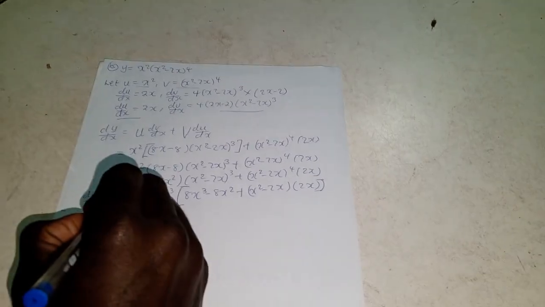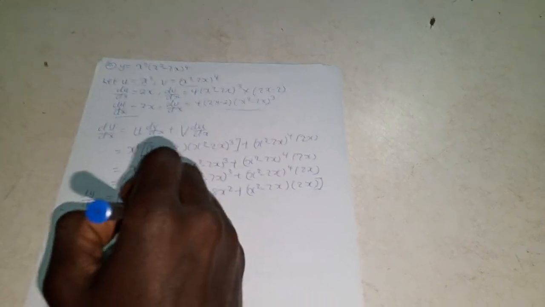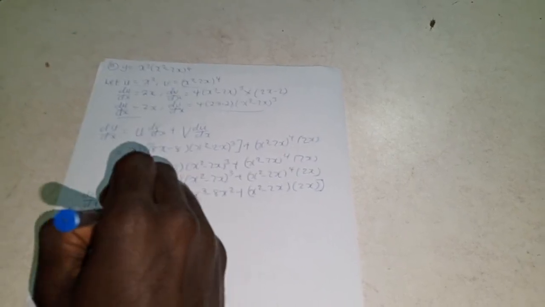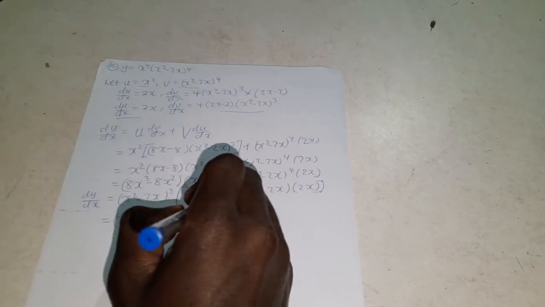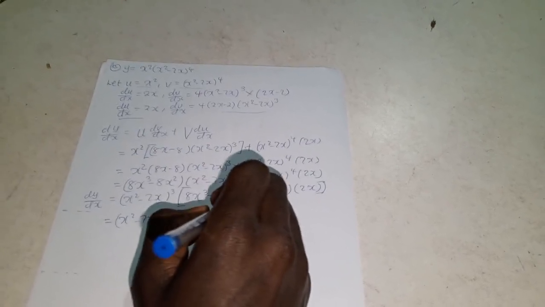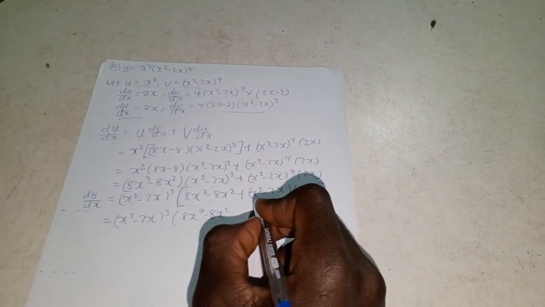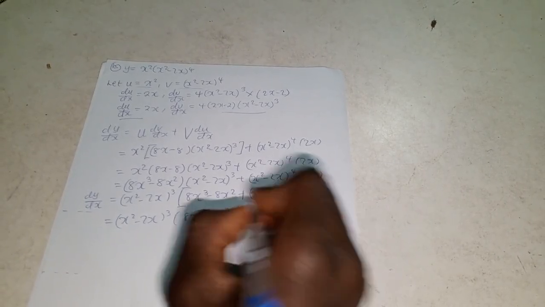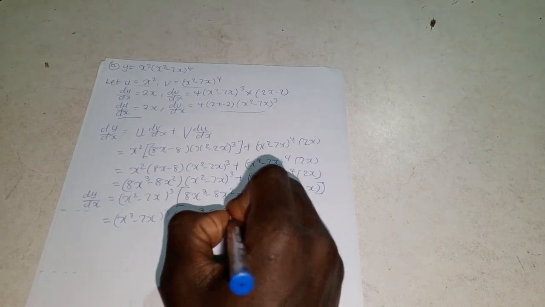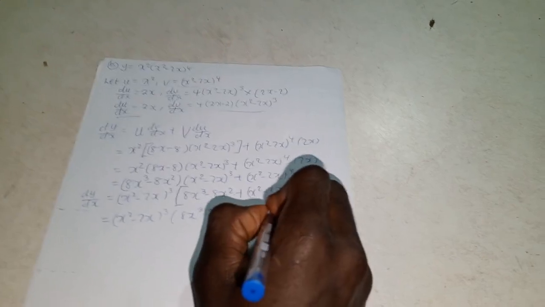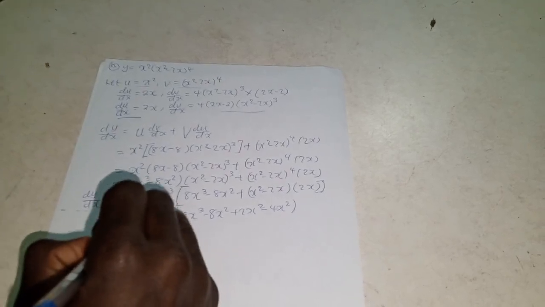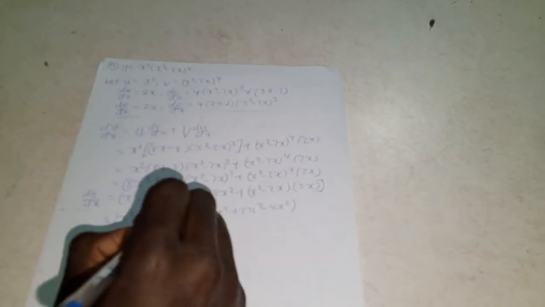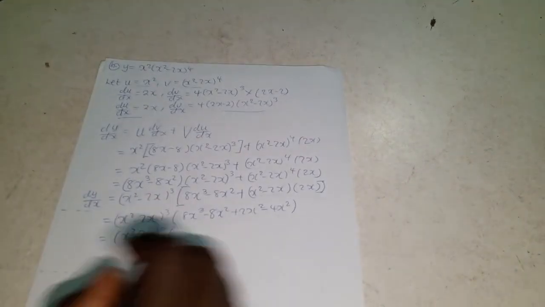It's equal to x squared minus 2x raised to the power 3. And then inside the parentheses, we can simplify. It's going to become 8x cubed minus 8x squared. The 2x will be distributed in this bracket here, so it's going to be plus 2x cubed minus 4x squared.